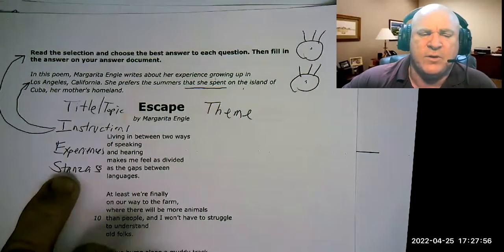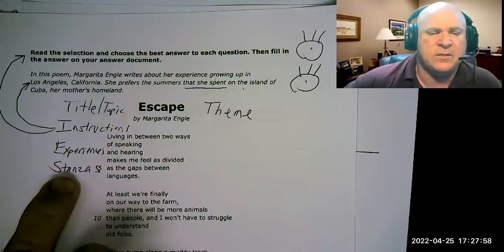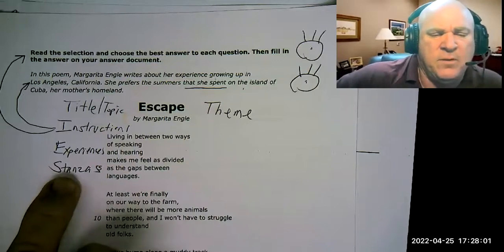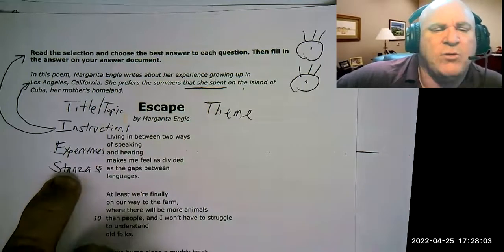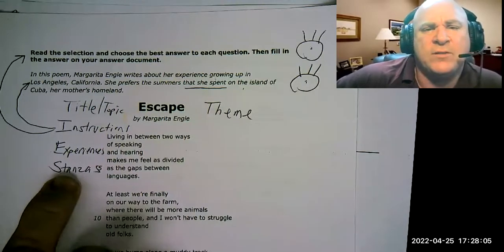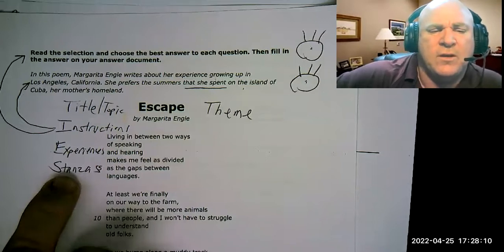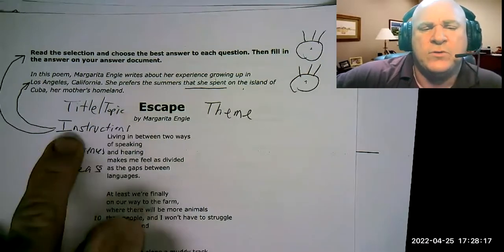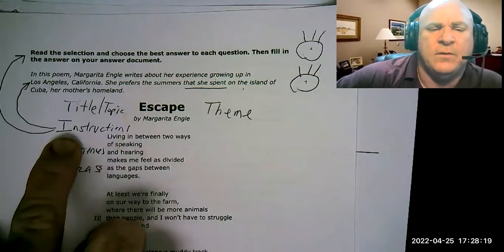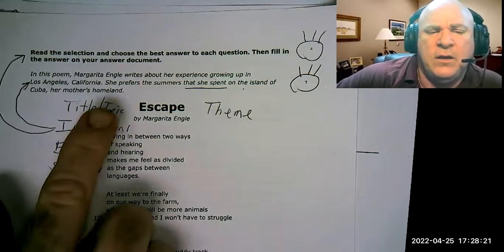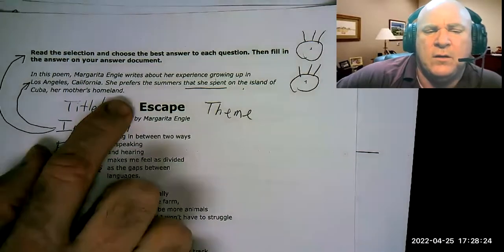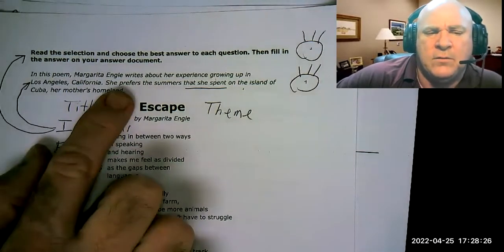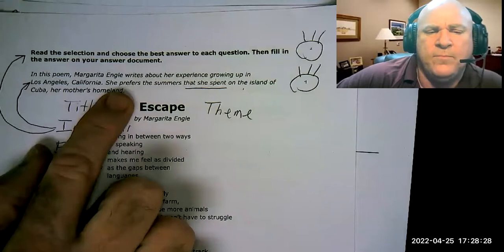Specific supporting sentences: if it was a play, then it would be scenes. If it was just a regular informative or a fictional passage, it would be specific supporting sentences that turn into paragraphs that have topic sentences, main ideas.